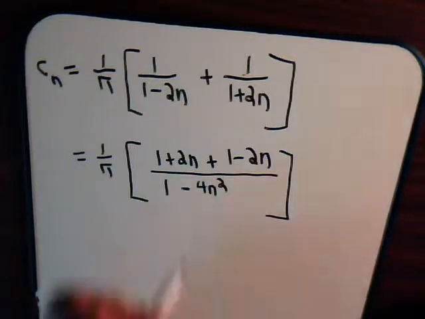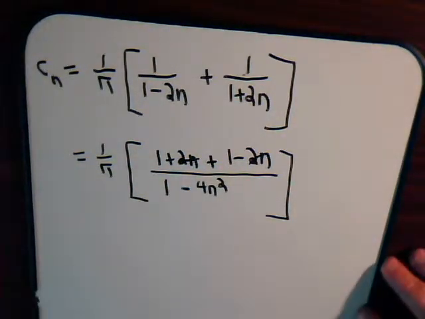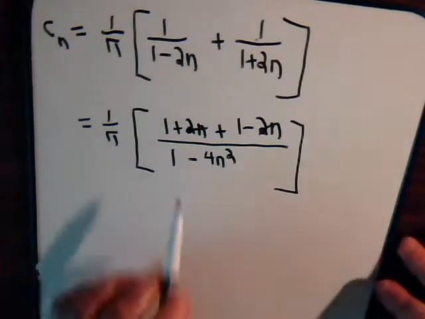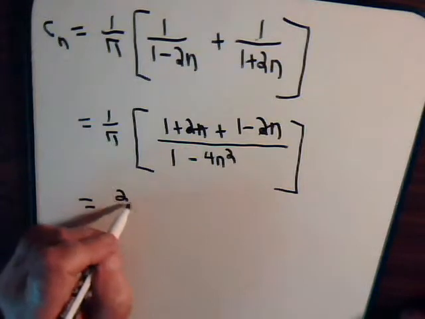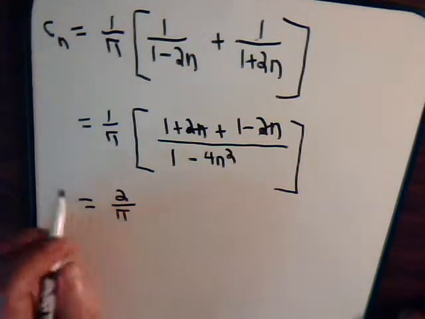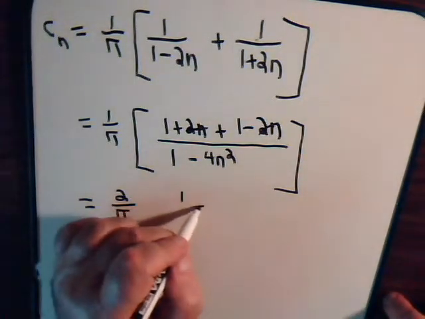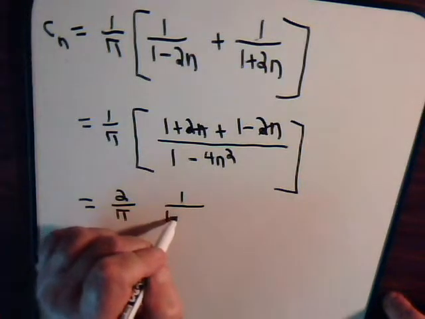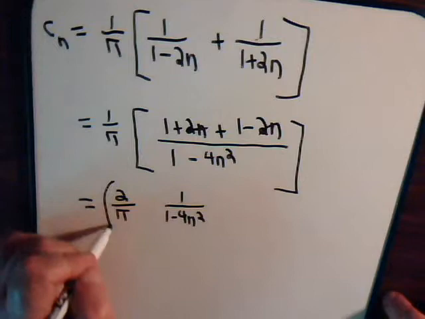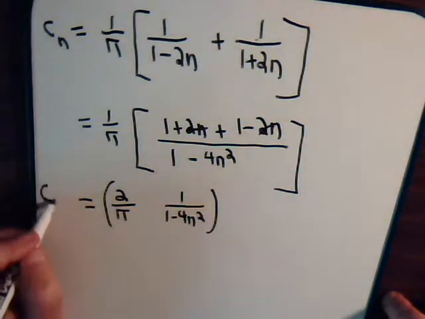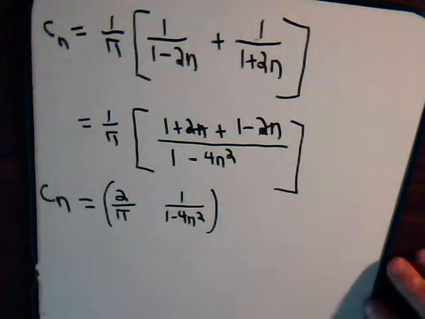And these cancel. So up here we have 2, so this will equal 2 over pi, and then we have 1 over 1 minus 4n squared. So that is C sub n.